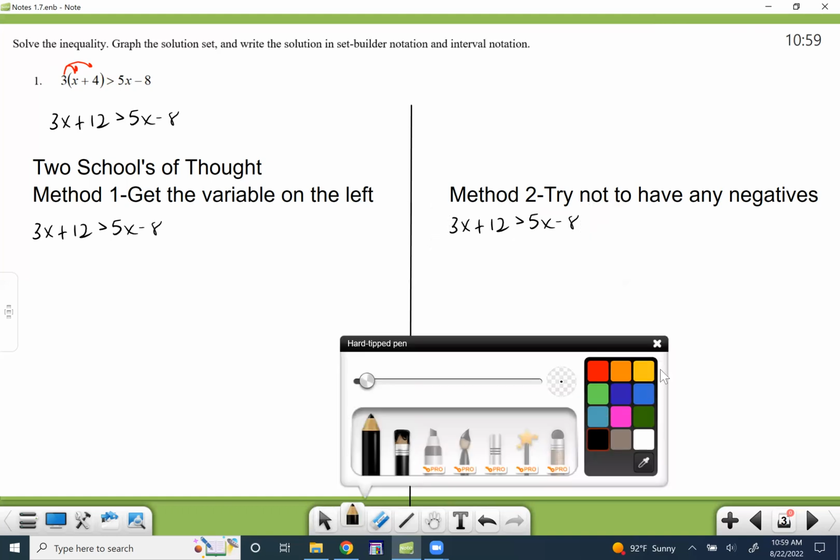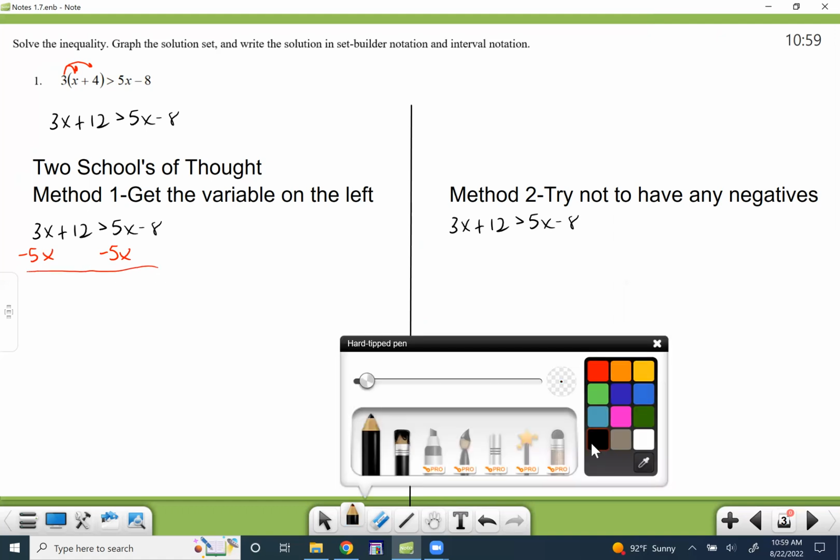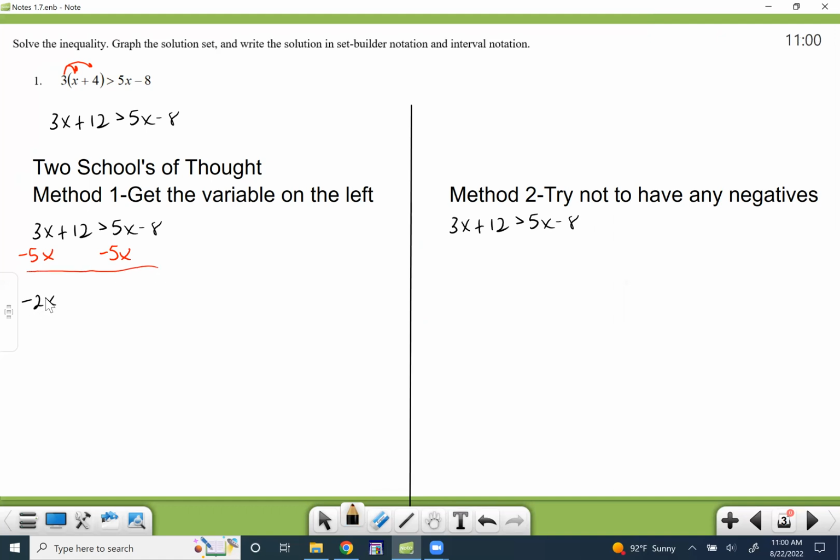So if we want to get the variable on the left, then we would have to take away 5x. So we get -2x plus 12 equals -8. So now you can see that the variable's on the left-hand side. Oops, an equal sign. Hello. It's like my number 1 mistake, guys. Everything becomes an equal sign. All right, the variable is on the left.